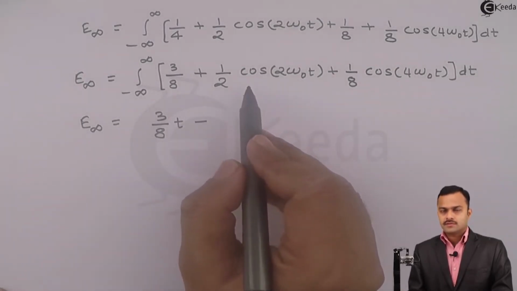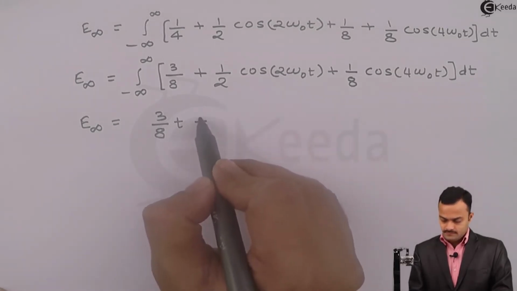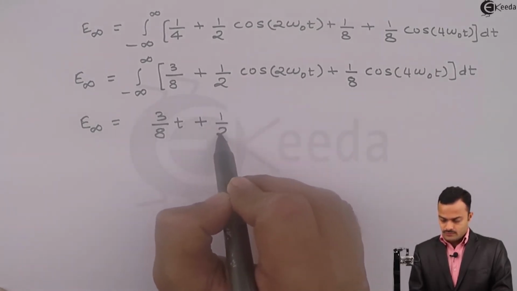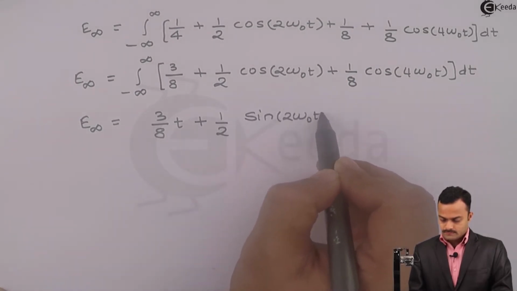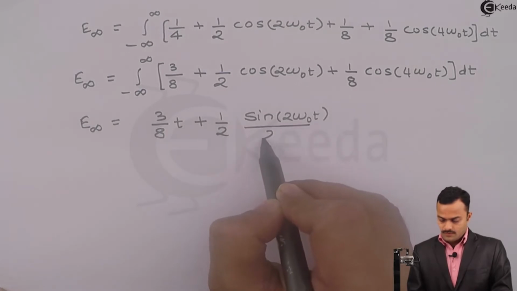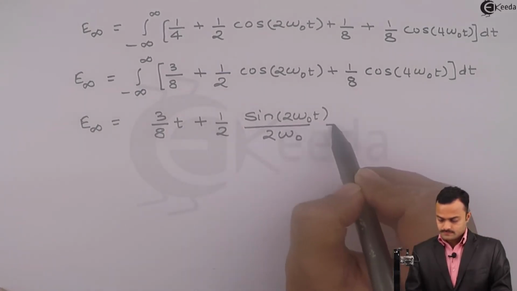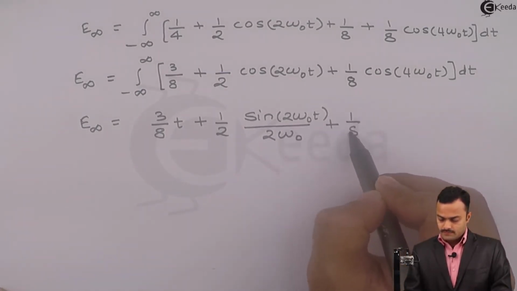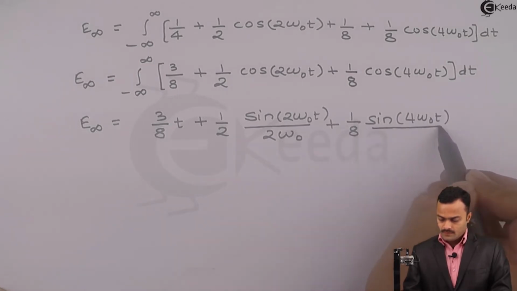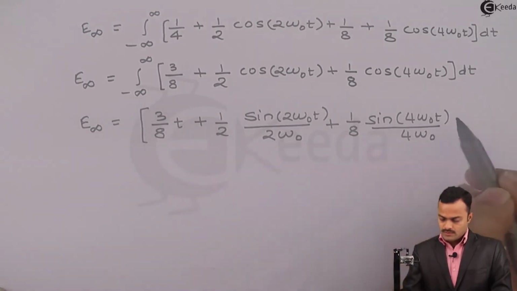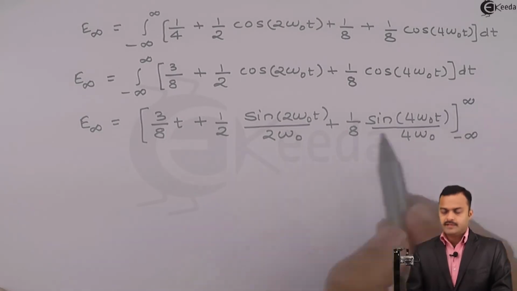Integration of cos is sine, so plus 1 by 2 sine 2 omega 0 t upon 2 omega 0, plus 1 by 8 sine 4 omega 0 t upon 4 omega 0. The limits are minus infinity to infinity.